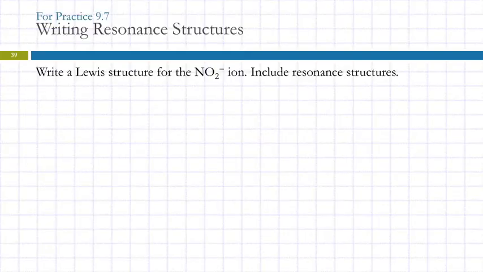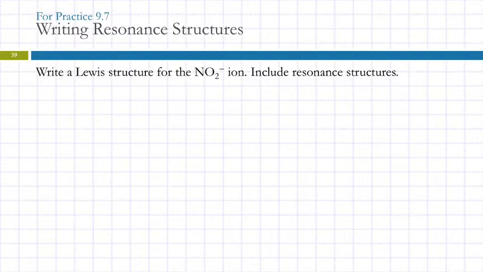Okay, so let's do nitrite ion. And it says include resonance structures. So that's a clue that there's going to be resonance structures. Okay, so we've got 2 oxygens and a nitrogen. We have to figure out how to put them together. Back on that slide with directions, it says that hydrogen is terminal, and often the more electronegative elements are terminal.